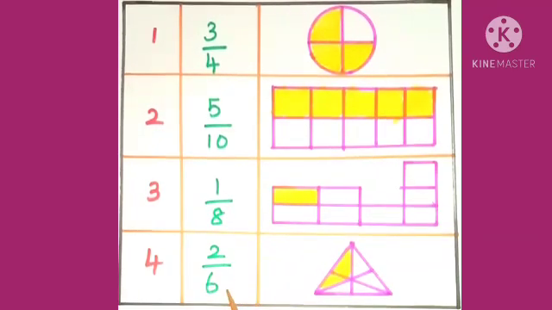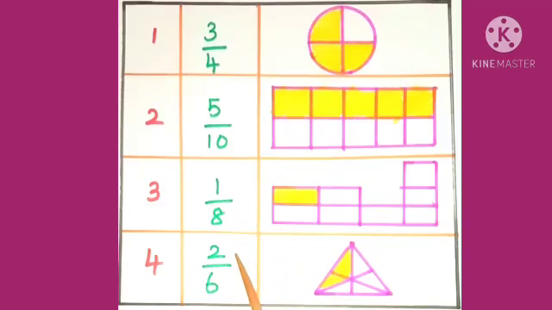And come to the next fraction, 2 by 6 is given. 2 is the numerator and 6 is the denominator, and 2 represents the number of equal parts taken from a whole, and 6 represents the total number of parts that make up a whole. So children, here the triangle is divided into 6 equal parts. 1, 2, 3, 4, 5, 6.